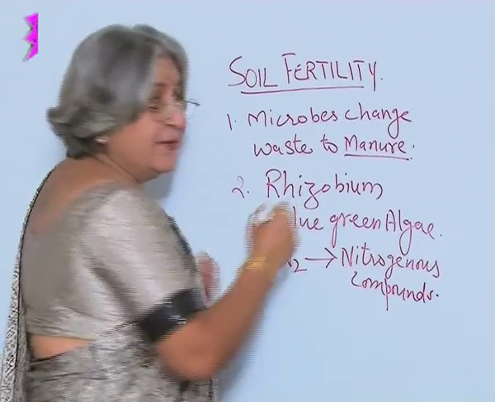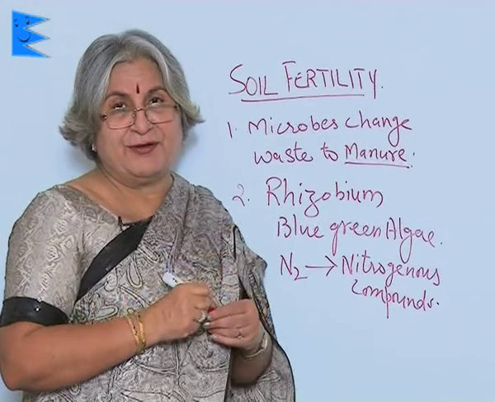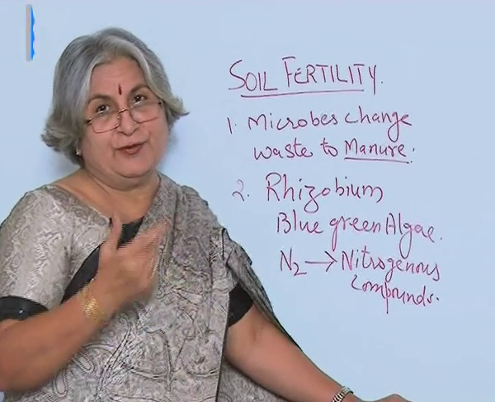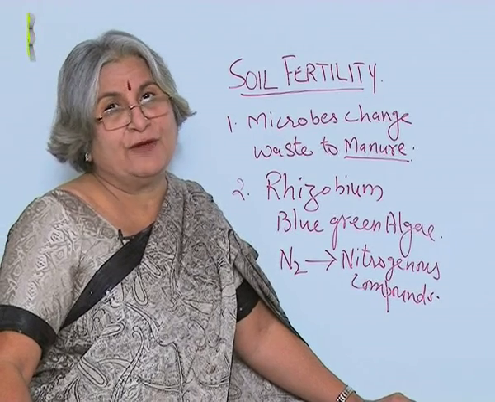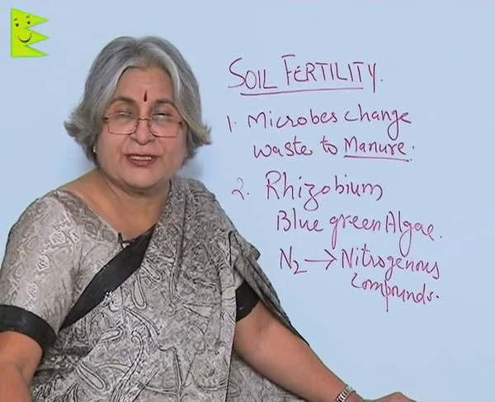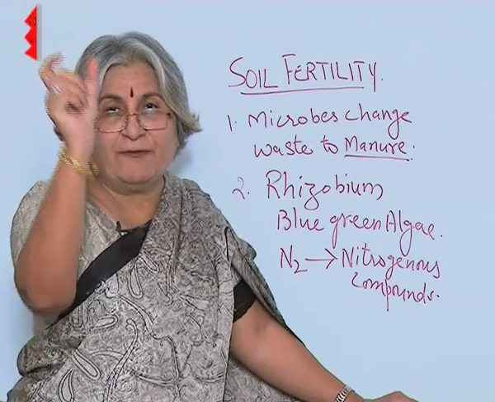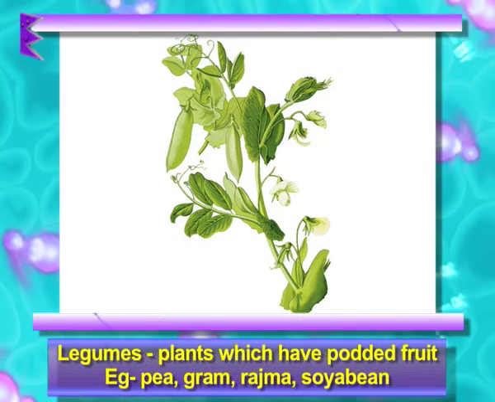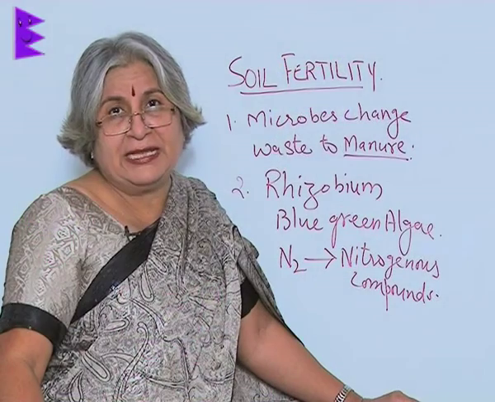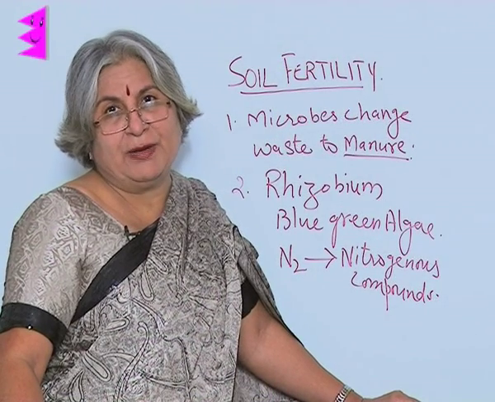So, you know, farmers, what they do, last time I told you, they also grow legumes, because this rhizobium lives in the roots of legumes. What are legumes? Those plants which have podded fruit like pea, gram, rajma, soya bean, all these are leguminous plants.